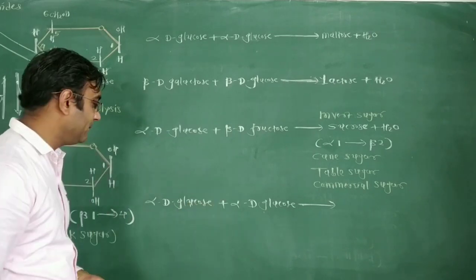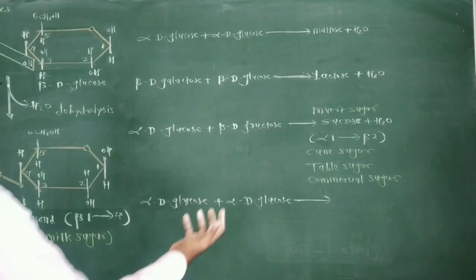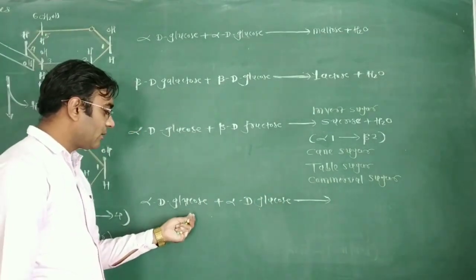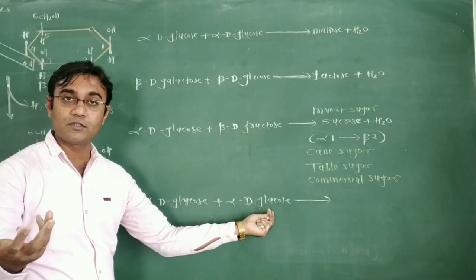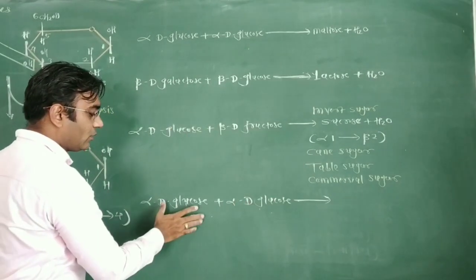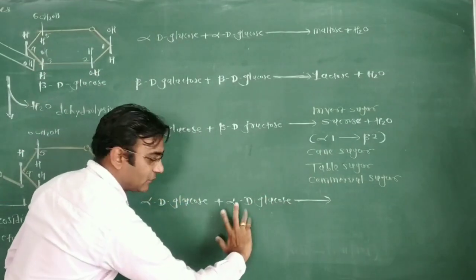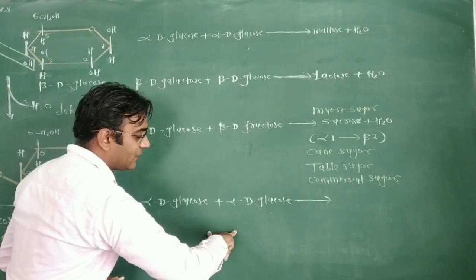How is this possible? How to link these two glucose? First carbon of one glucose linked to first carbon of another glucose. How? Write the first glucose as it is. Rotate the second glucose so that the two first carbons remain nearest to each other.